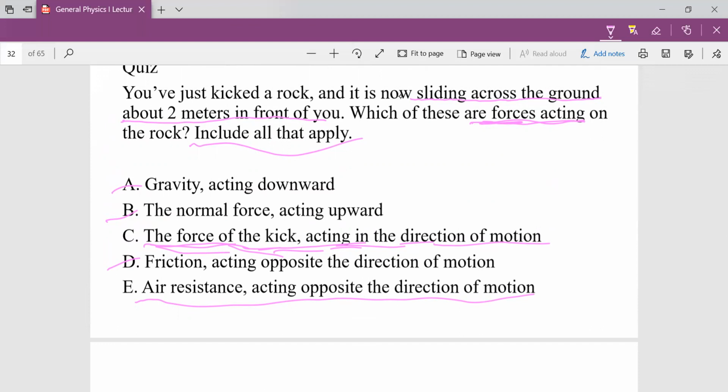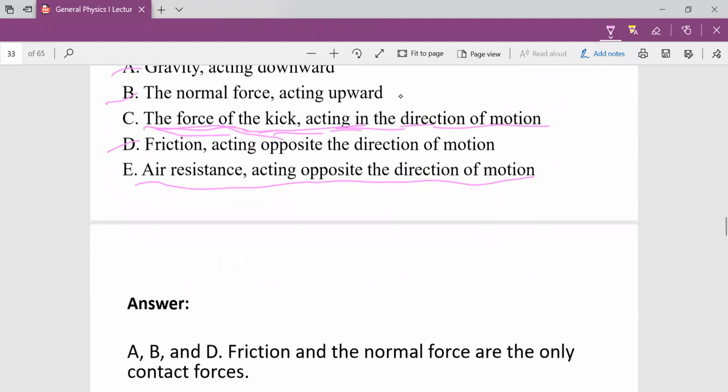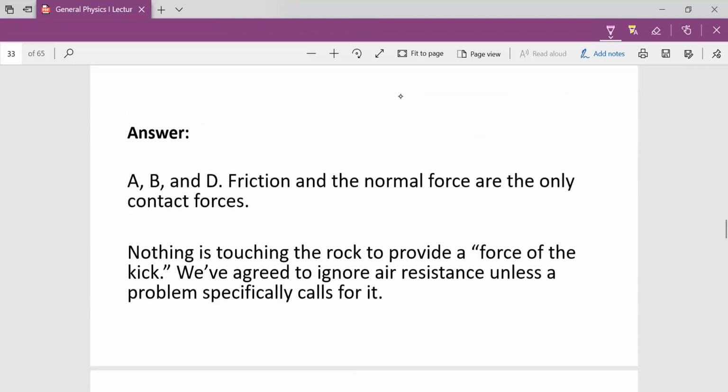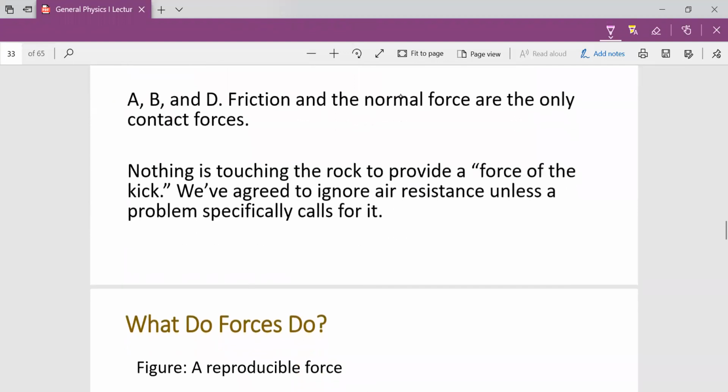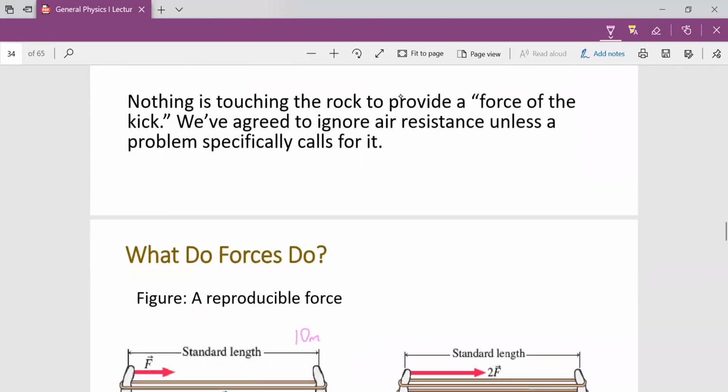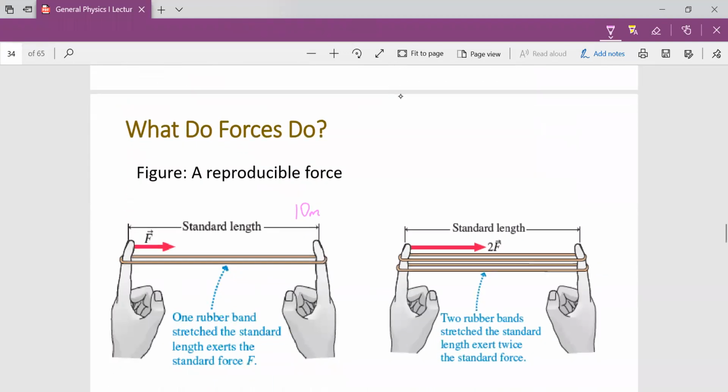You've kicked it, it has moved 2 meters. So you're describing the current state of the rock, not when it was in motion, okay? So those are how those two options could not be part of the option we picked.